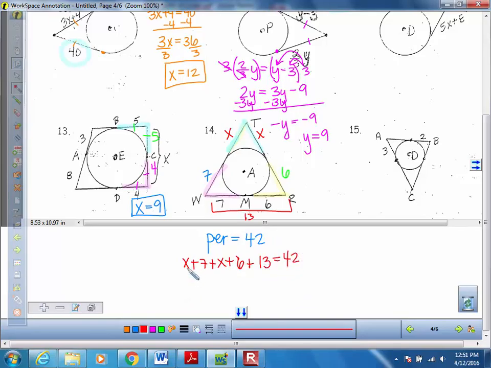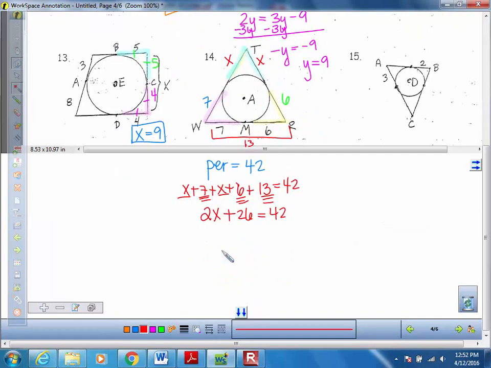So we combine our x's, that gives us 2x, and then we combine 7, 6, and 13, and that would give me 26 equals 42. We subtract 26. And 2x equals 16. We divide by 2 to get x by itself. And x equals 8.